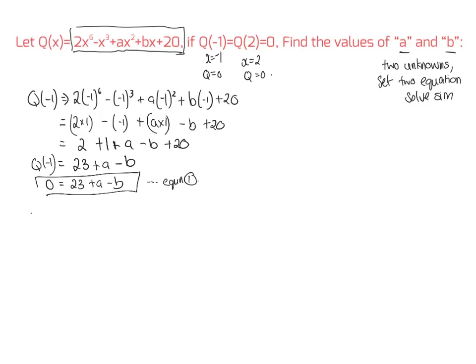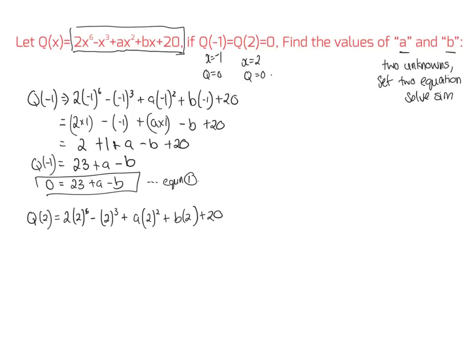We can do the same thing now with q of 2, and we're going to get our second equation. Every time I see x, I'm going to put a 2, plus a 2 squared plus b times 2 plus 20.